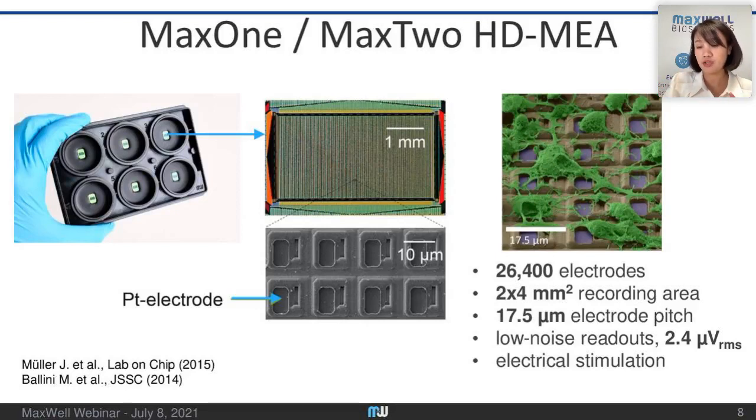These signals coming from those axons can be detected as well. And additionally, the reason why we can do this is because even with these small electrodes, we have low noise readouts, 2.4 microvolt RMS. And any of these 26,000 electrodes can be chosen to stimulate the neurons. So we can deliver electrical stimulation on any of these electrodes.